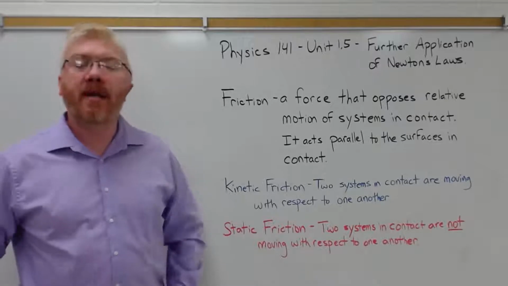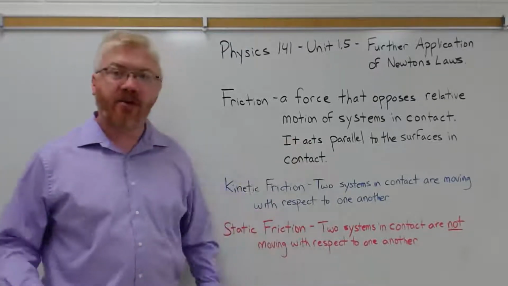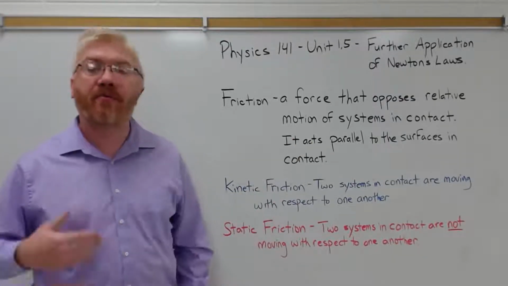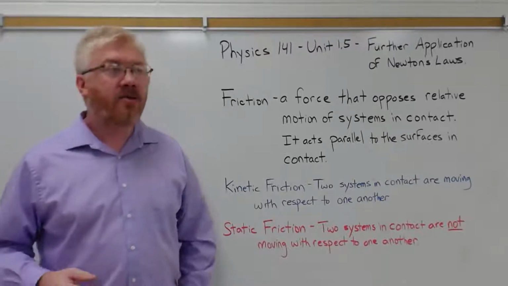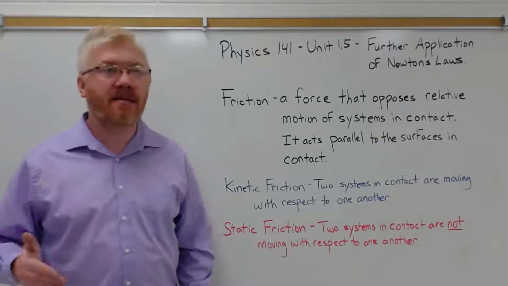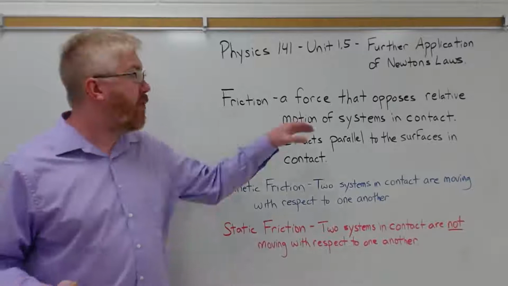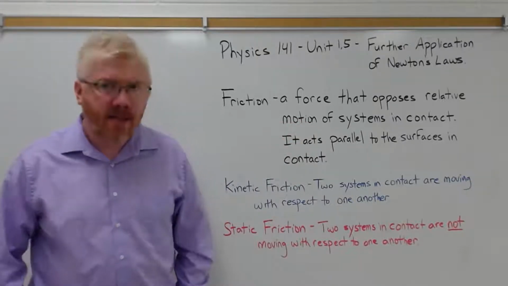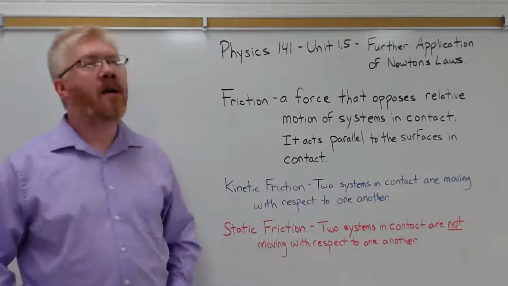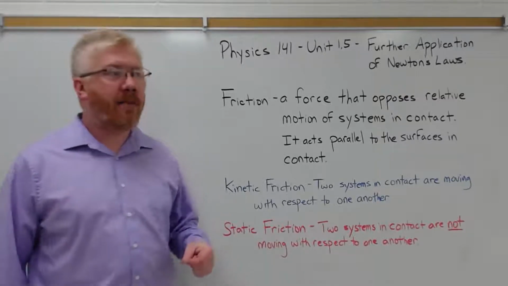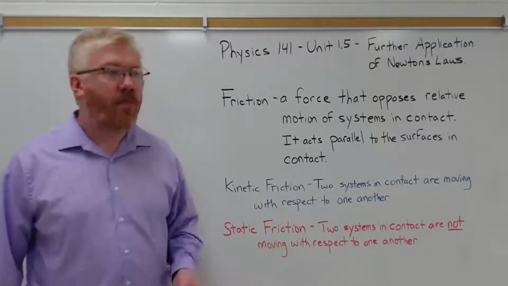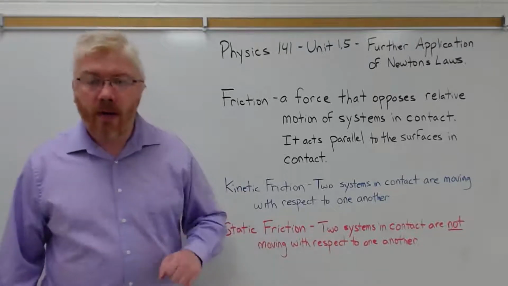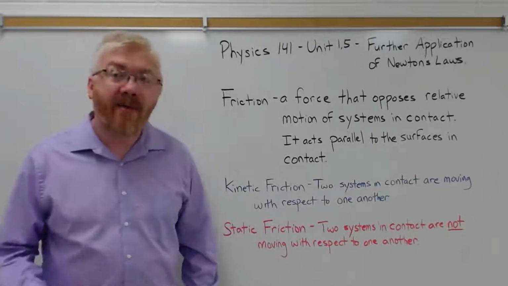Now, previously we hadn't worried about friction. In problems, we talked about frictionless surfaces, surfaces that have infinite slippage, where there is no force of friction between those surfaces. That type of system really doesn't exist. Even examples where we talk about being on ice or being on an oiled floor, those actually still have friction.